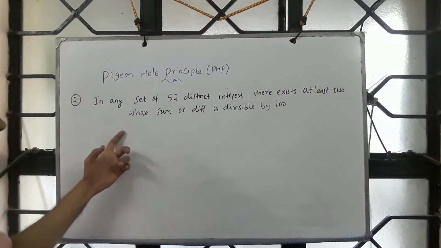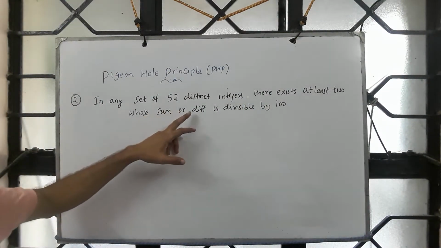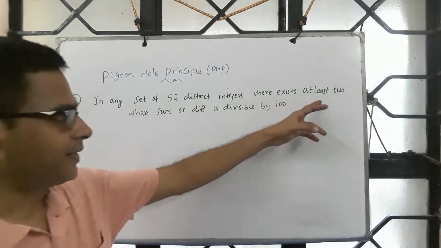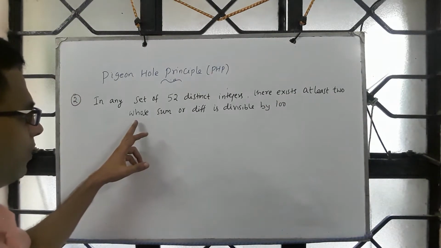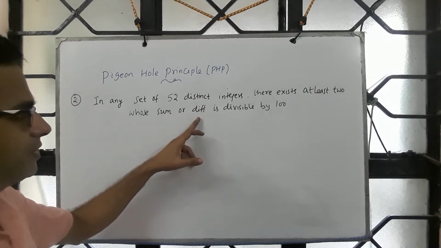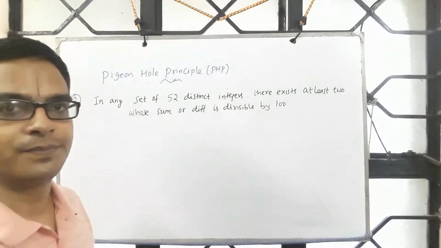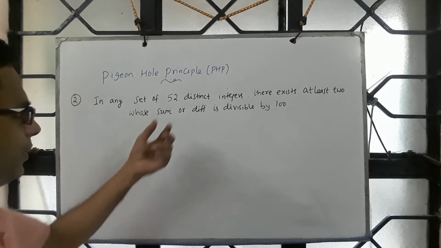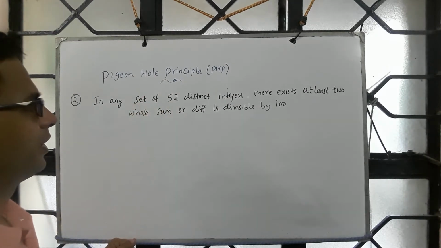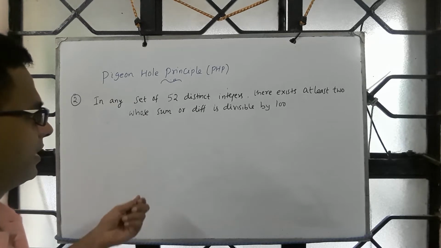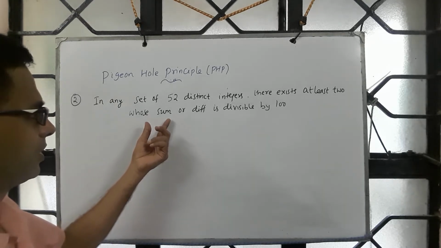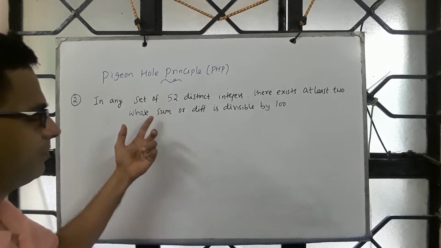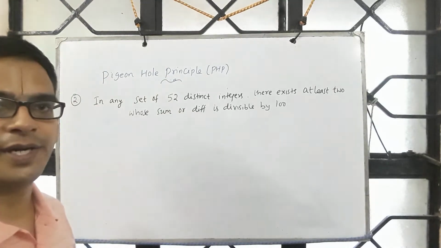The next case study says, in any set of 52 distinct integers, there exist at least two whose sum or difference is divisible by 100. You take a set of 52 distinct integers, you pick any two, and you find two numbers from this set whose sum or difference is divisible by 100.